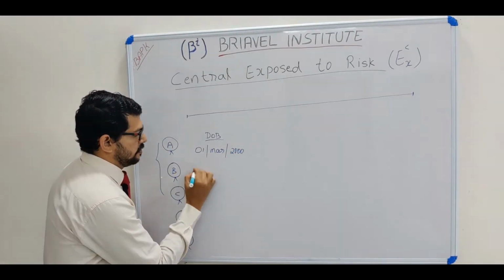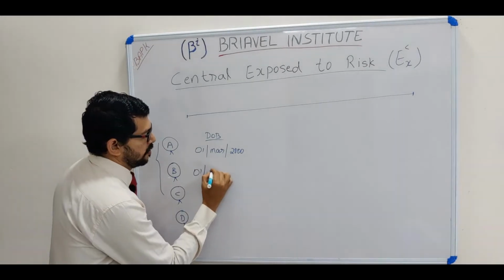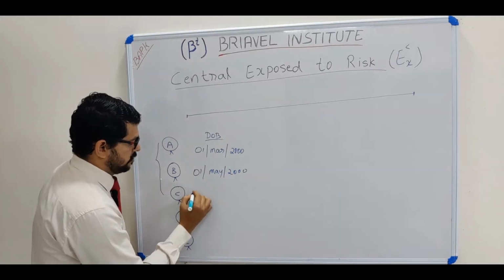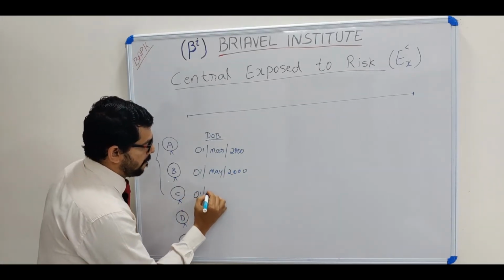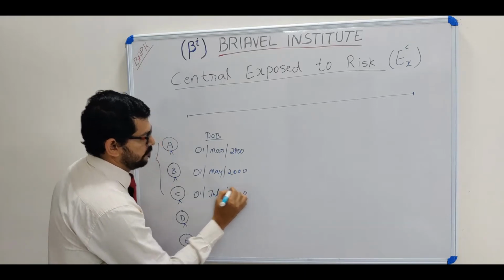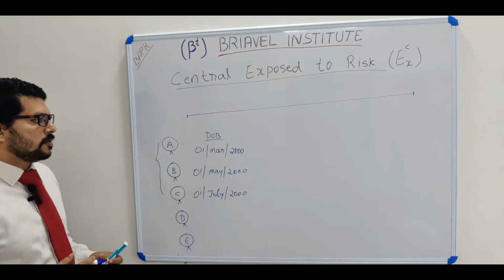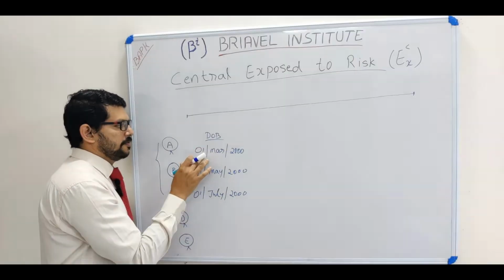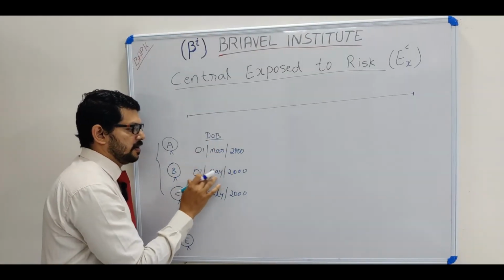And this fellow, 01 May 2000. This fellow, 01 July 2000. So the forest guard checked their ID proofs and noted down the date of birth.